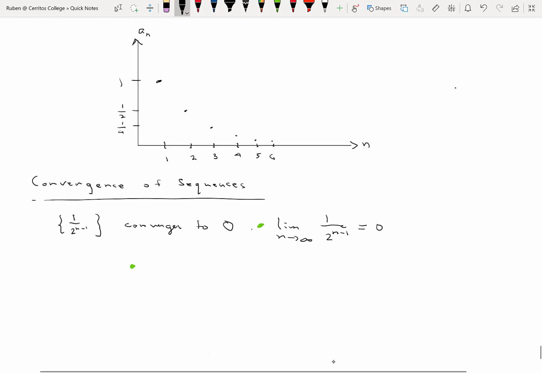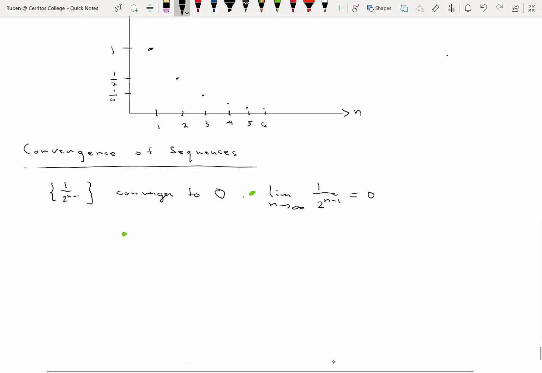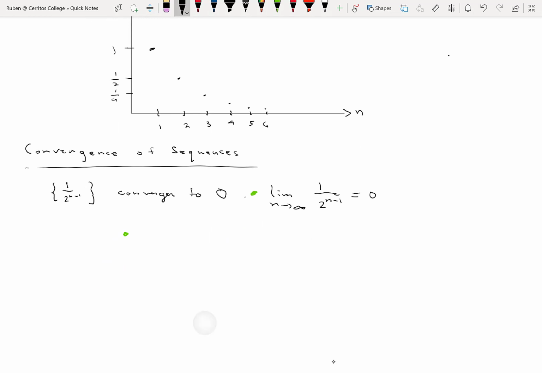So we could also write, instead of writing the limit as n approaches infinity, simply that 1 over 2 to the n minus 1 arrow 0, which means converges to 0 as n approaches infinity.